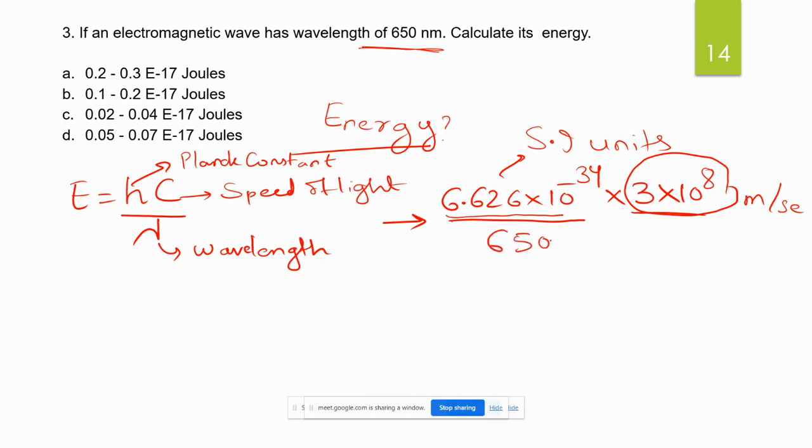So 650 into 10 to the power minus 9 meter. So calculate this. By calculation, you will be getting 0.03 into 10 to the power minus 17 joules. So our option is this. So now you take 2 minutes to understand, and if you have any doubt, tell me. Then after 2 minutes, we'll start next question.